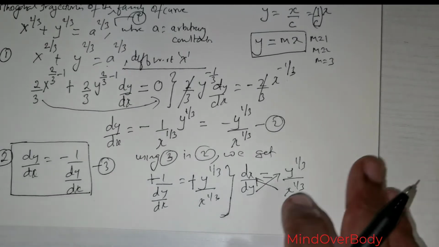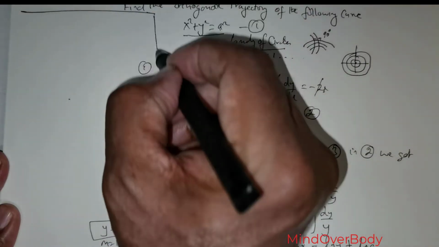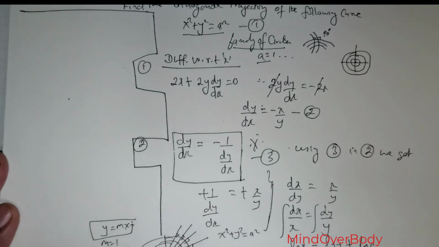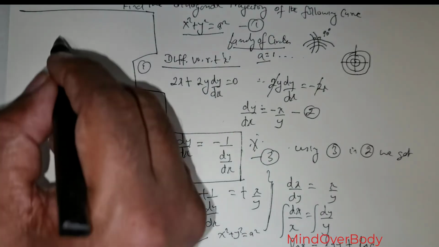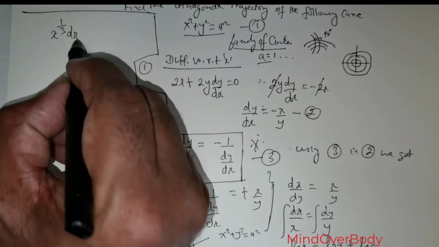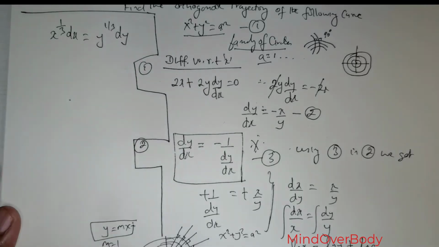So let me use a space on this side. So I've got x raised to the power of 1 over 3 times dx is equal to y raised to the power of 1 over 3 times dy. This is what I've got.